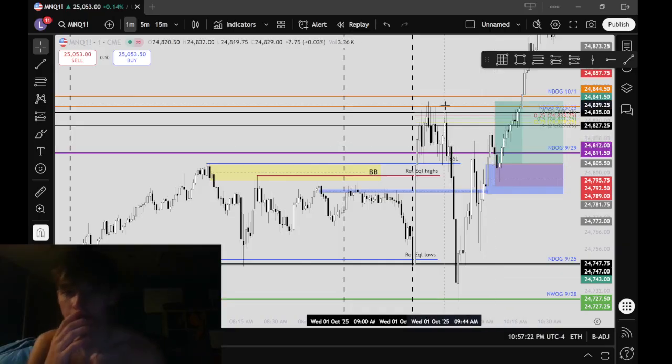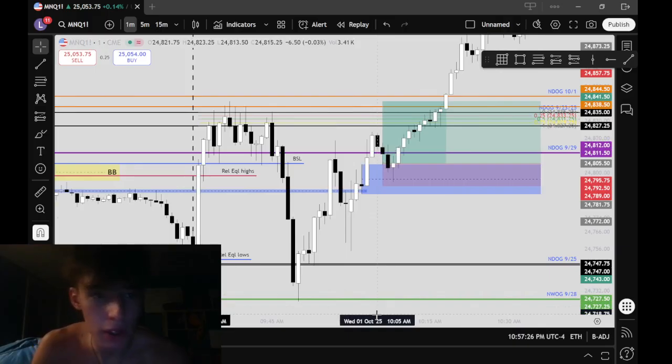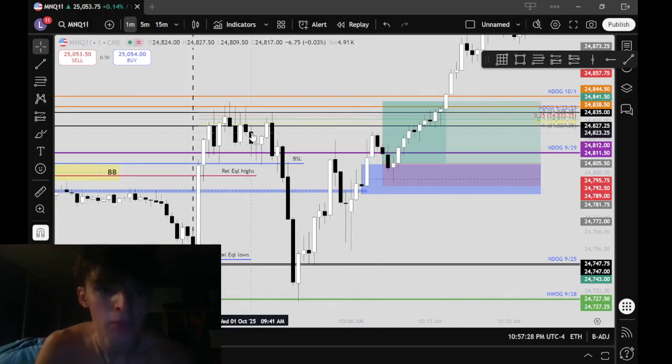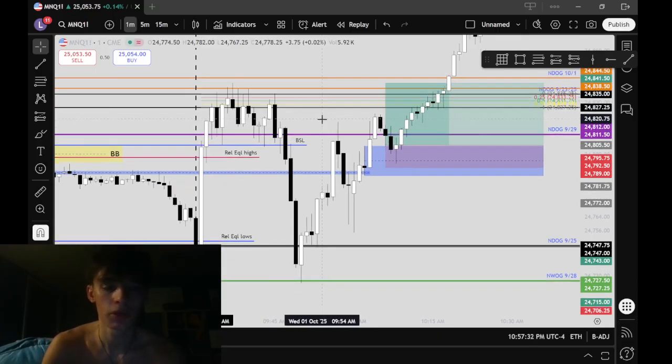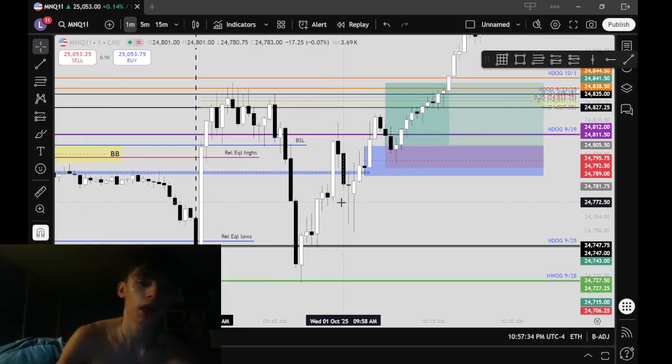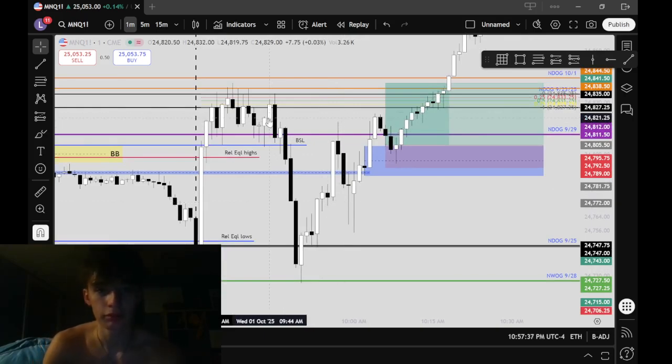So I marked out the Fibonacci. I didn't get really any retracement with it, but I just marked it out, maybe. I would have caught this move, but I wasn't able to.